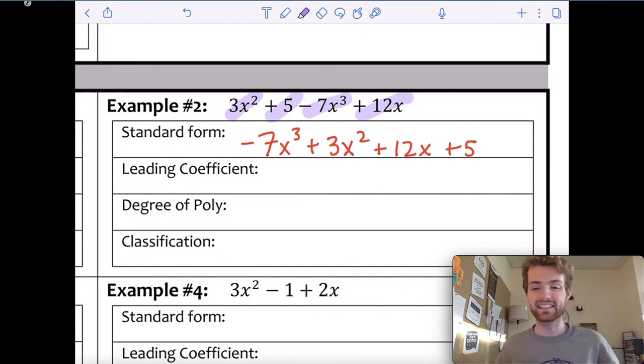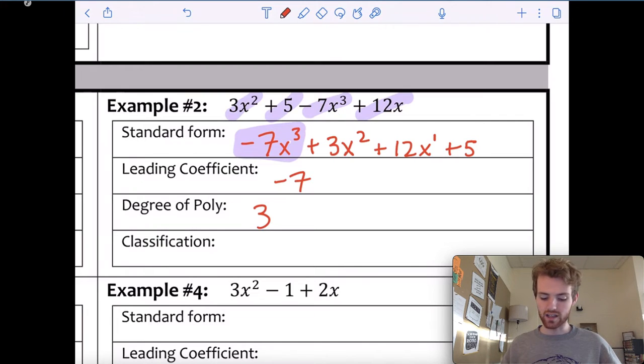Remembering back from our lesson on exponents, we can think of that 12x having that 1 exponent. That might help you if you're getting mixed up with the order. The leading coefficient is just whatever comes first, so -7. The degree is the number of the exponent.